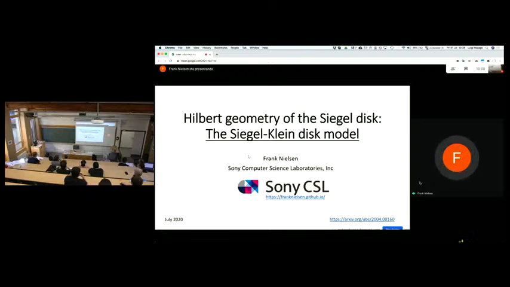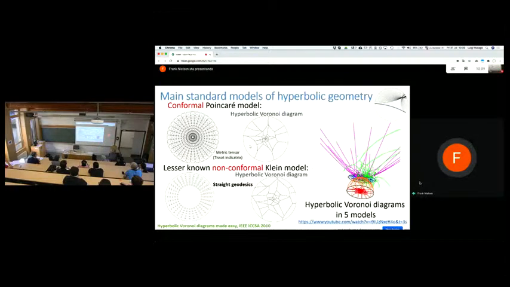Okay, so let me start with the first part of this talk, which is about Hilbert geometry for the Siegel disk domain. This geometry on the Siegel disk, I will call the Siegel-Klein disk model. So if we have a quick look at hyperbolic geometry, where there exist several parallel lines to one given line, there are several Riemannian models of this hyperbolic geometry, and some famous ones are the Poincaré half space or the Poincaré disk, which is conformal so that it preserves the angles with the Euclidean angle.